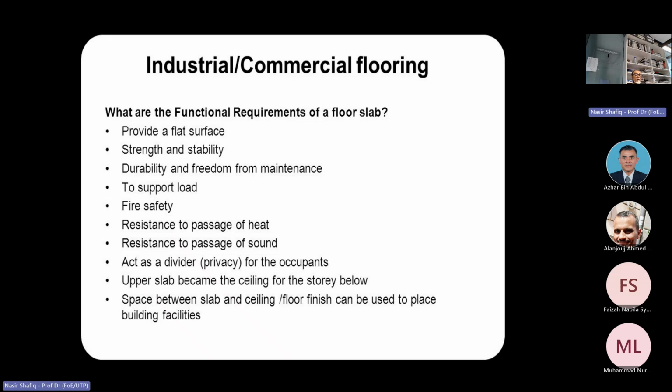In the event of fire, it should not be damaged, it should be resistant. So all these parameters should comply with the floor design, right? Whether it is any floor, industrial floor or whatsoever.